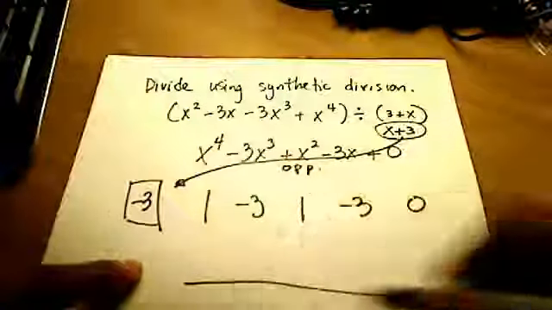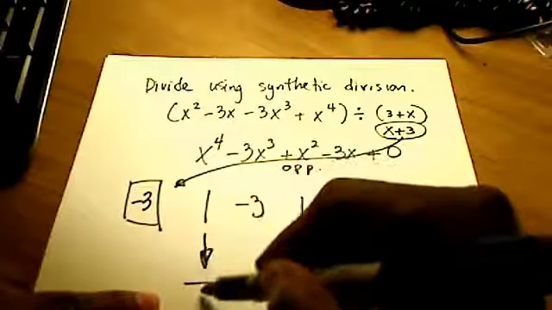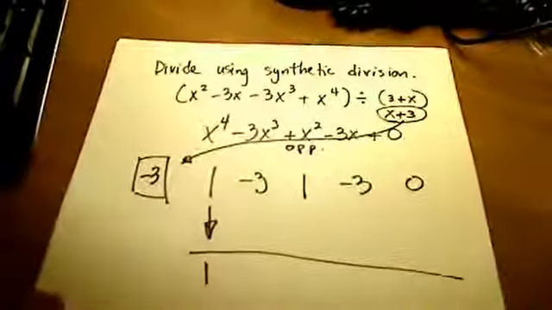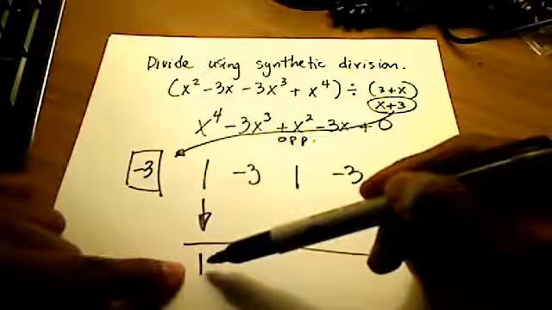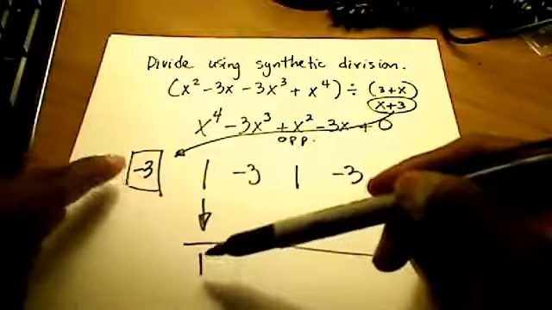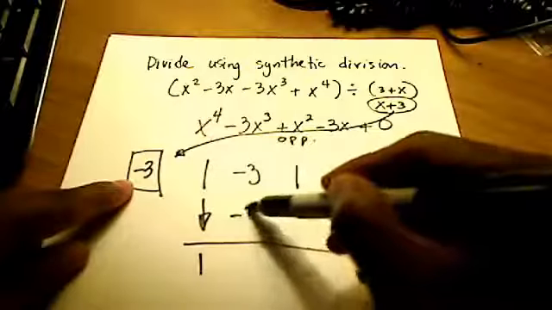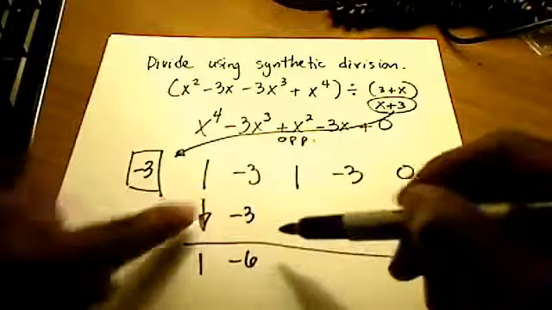Okay, here's how synthetic division works. There's our setup. That first number always and automatically just comes on down as it is. All right, so that first number comes down exactly as you see. And then here's the process. Multiply these two, negative 3 times 1, and then add this column, which is a negative 6.